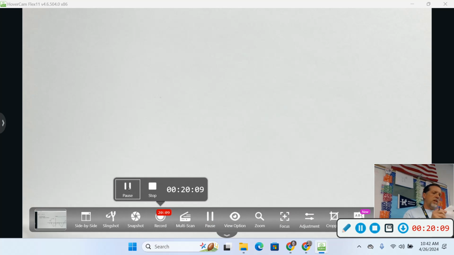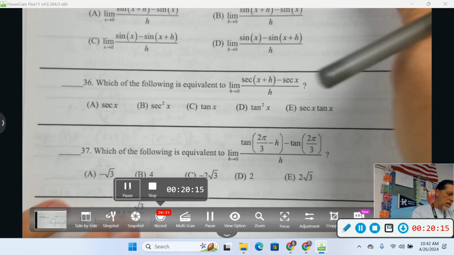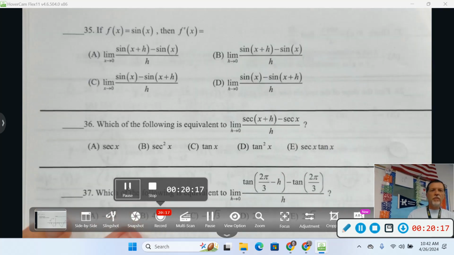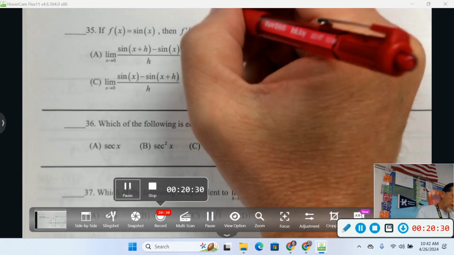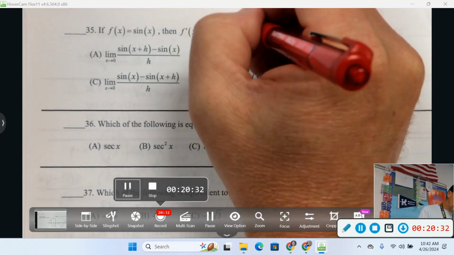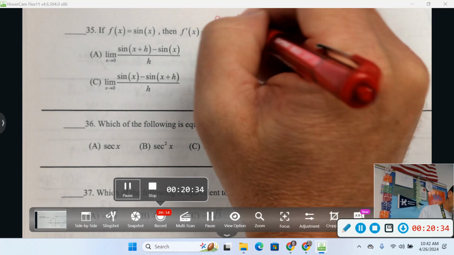35. That should look familiar. In fact, is that not identical to the one on the quiz? I think it is. Something really close to it. Definition of derivative: f of x plus h minus f of x all over h.